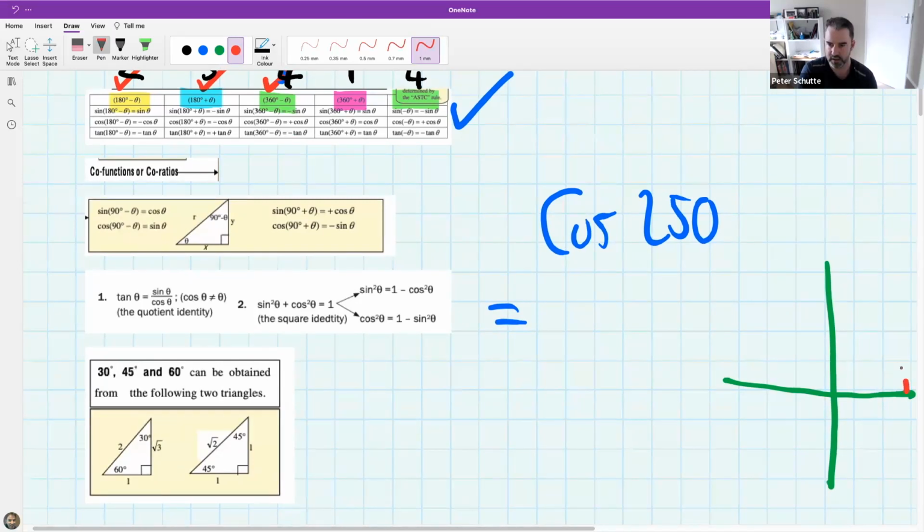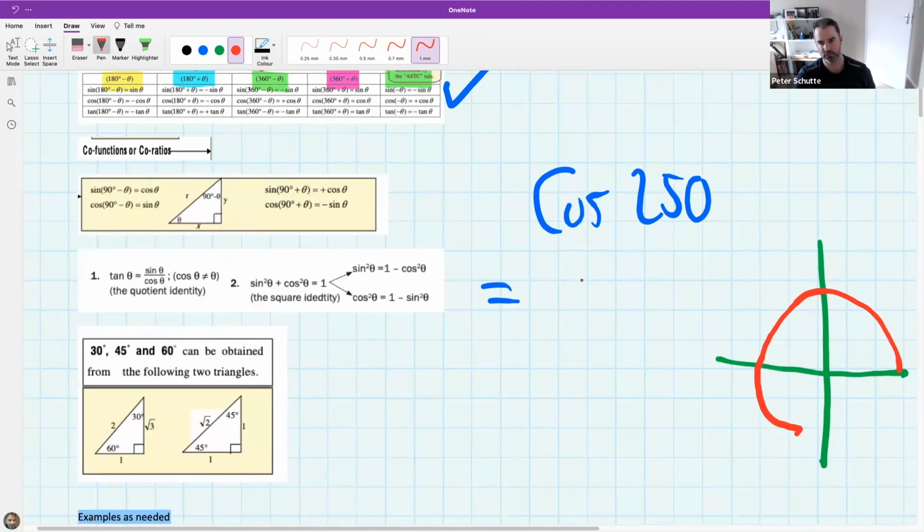250 would be 90, 180, and it basically gets to here. What is going to be the nearest vertical axis to 250? But remember, I'm asking for the vertical axis because we're specifically focusing on using co-functions.